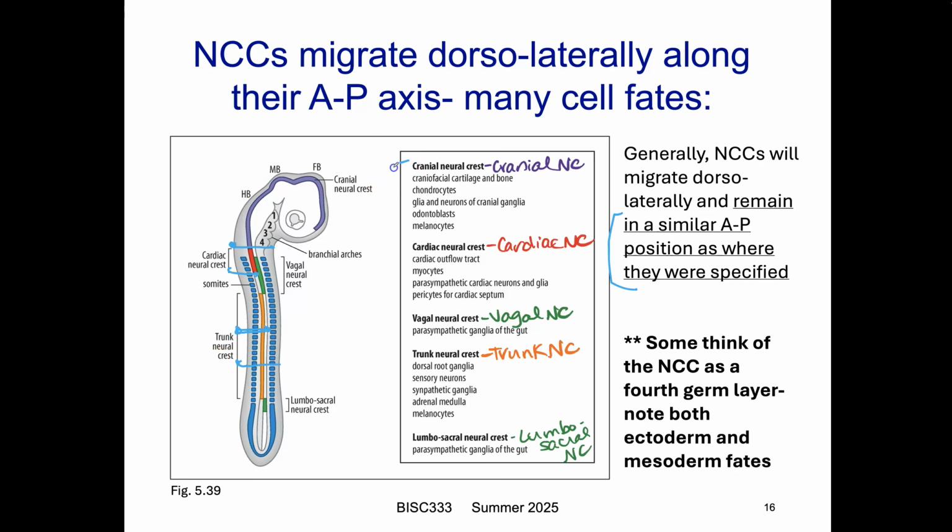And this is just a list. I think I said in the learning outcomes, it would be good for you to just learn three of these. And there's some interesting ones. So the cartilage and bone of your face and skull, odontoblasts, so they contribute to formation of teeth, melanocytes, pigment cells, myocytes, heart cells, and different kinds of the cells of the adrenal medulla.